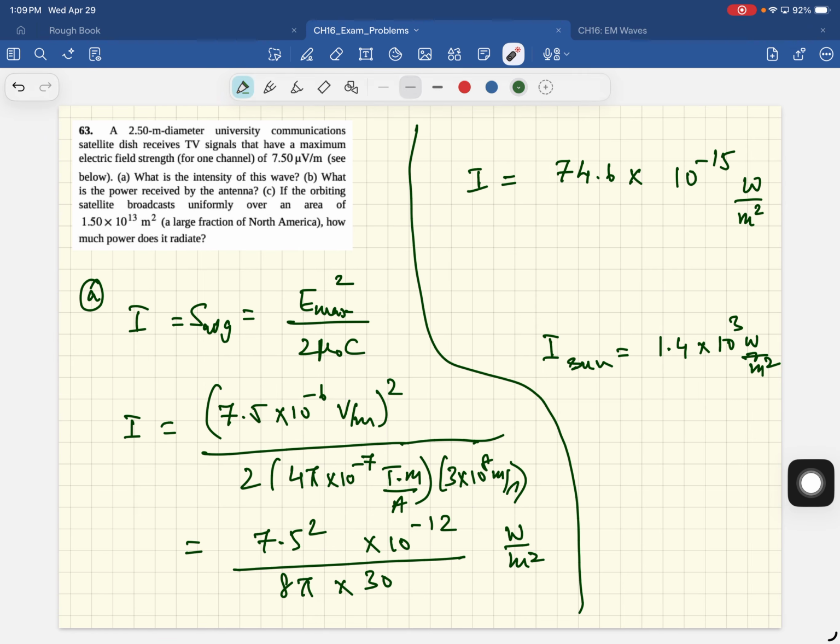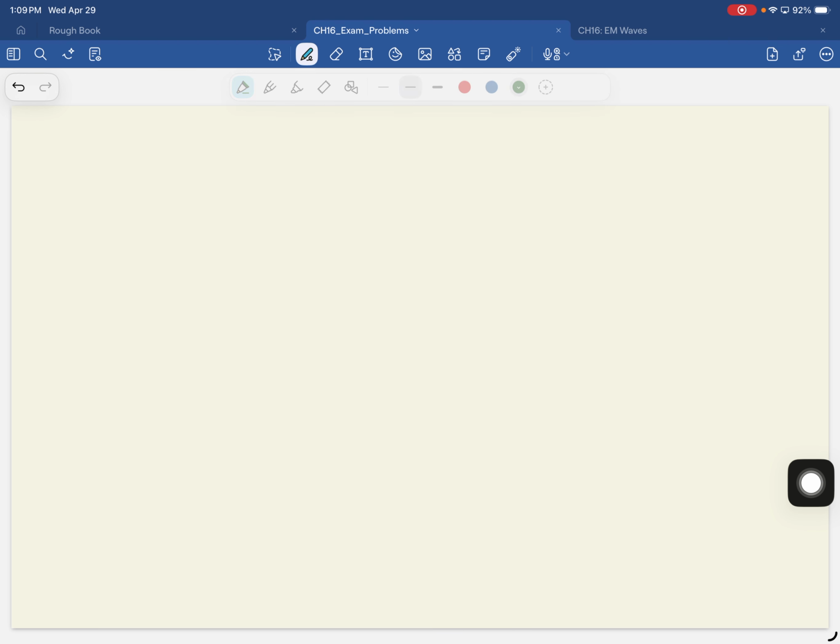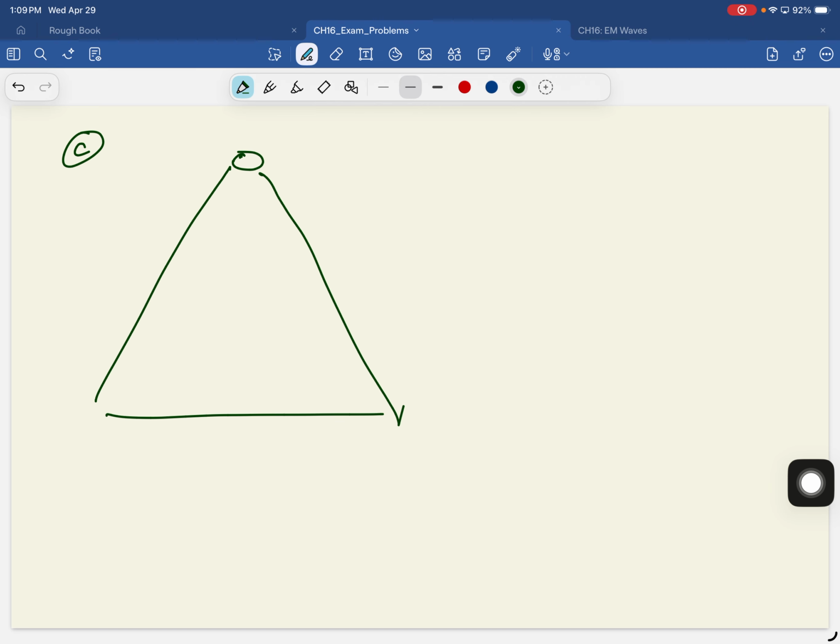Okay, what is the power received by the antenna? If the orbiting satellite broadcasts uniformly over an area of that much, a large fraction of North America, how much power does it radiate? Here's the orbiting satellite, radiating power over that area.